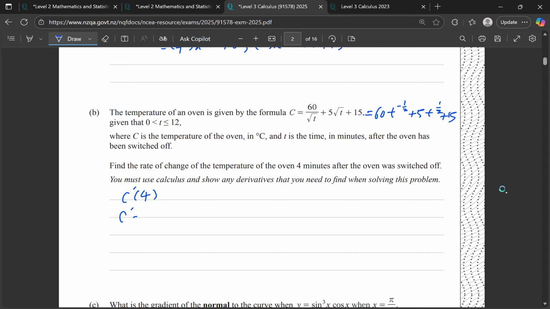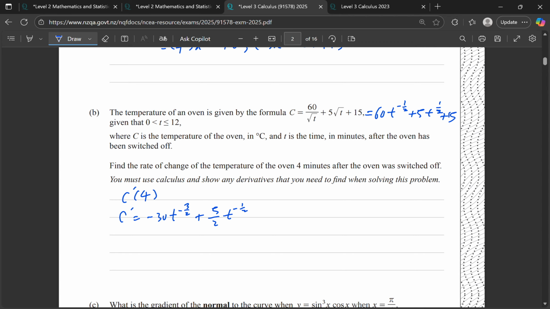So C prime: minus half comes to the front, so minus 30t to the power of minus 3 over 2, plus 5 over 2 t to the power of minus half, right? So 15 is gone. Now, do I need to rewrite?